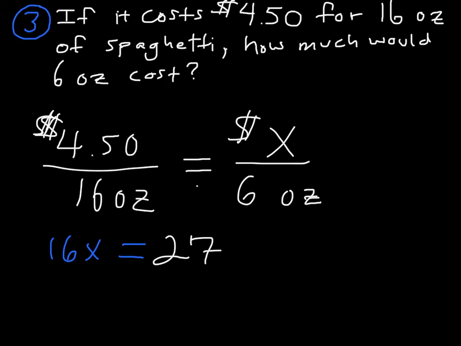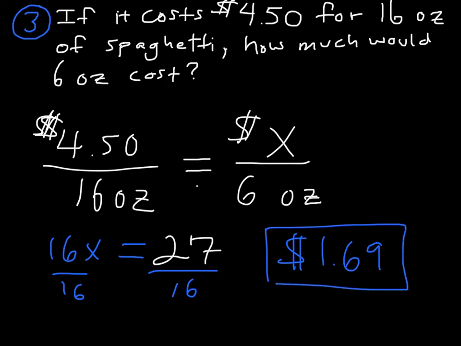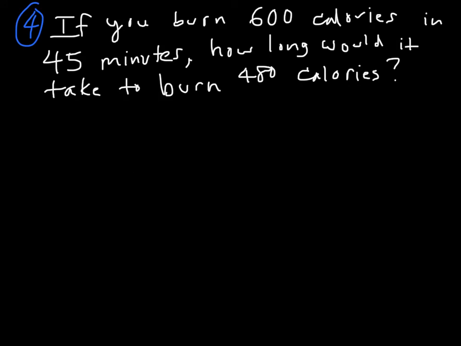Okay, and then all we have to do is divide by 16 on both sides, and then we get $1.69 if we type it in our calculator. $1.69 for 6 ounces. So if the price is the same all the way through, 6 ounces of spaghetti will cost $1.69.